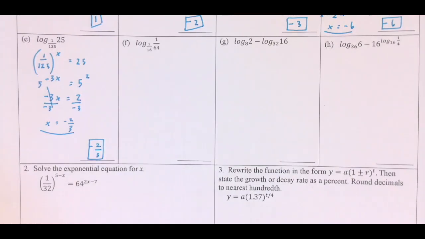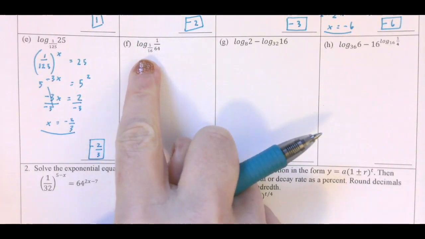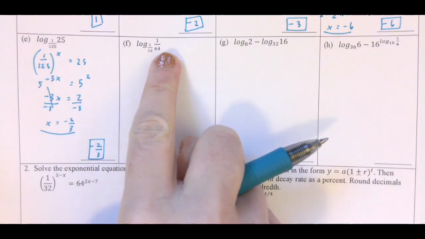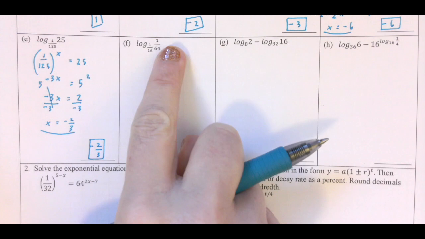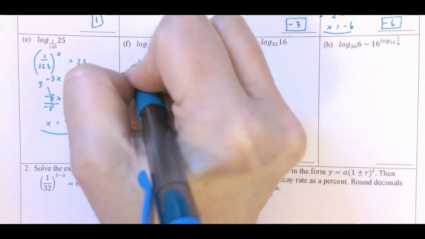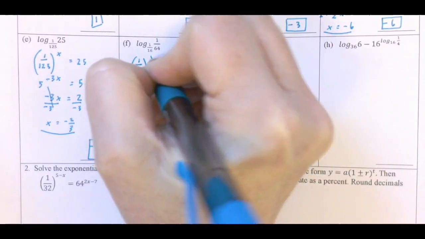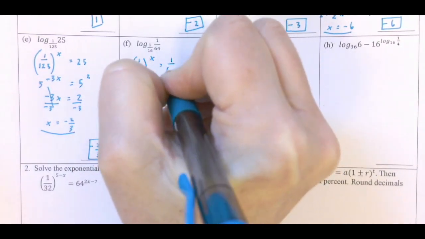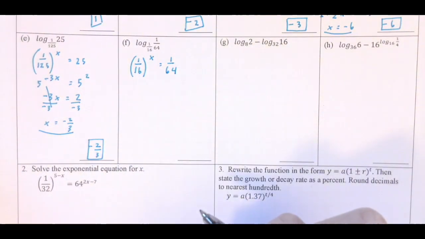All right, next up, log base 1/16 of 1/64. So 1/16 to what power gets us 1/64? Okay, so let me just write that out. 1/16 to what power gets me 1/64. Okay, I can make them both powers of 4. They could also be powers of 2.